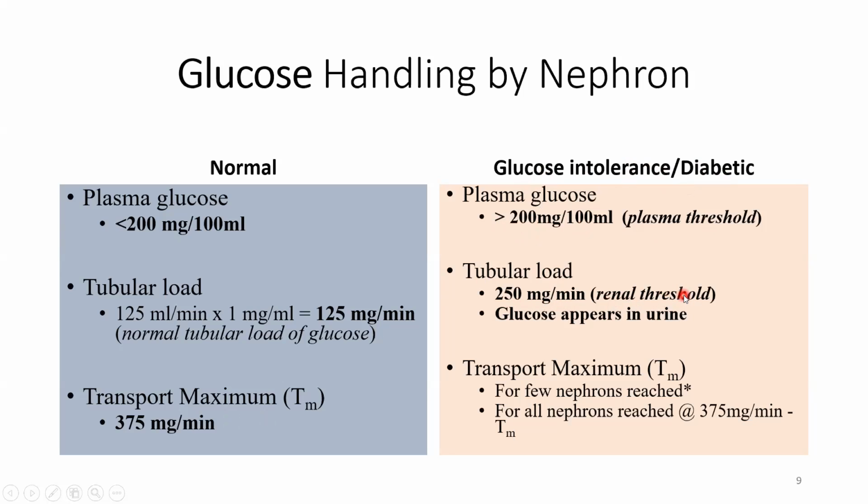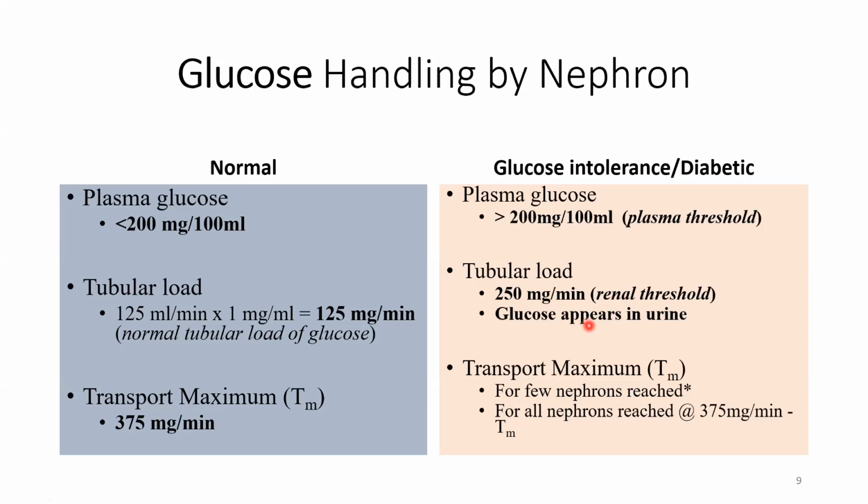So at plasma glucose of more than 200, the tubular load becomes 250 and more and more, which is the renal threshold for glucose. At this tubular load, glucose will appear in the urine.